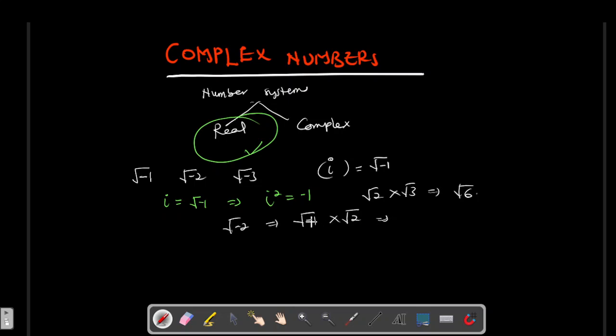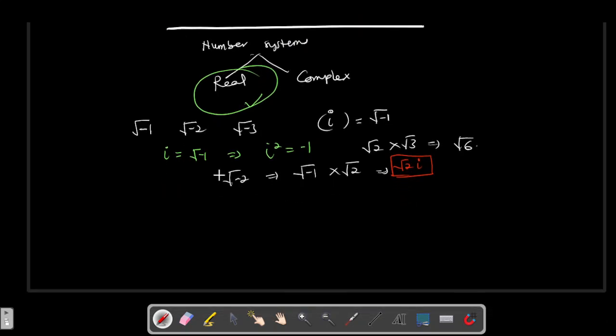Hence, since I know that root of -1 is i, my answer remains simple, square root of 2 i. And this is what we call a complex number. It is a complex number, okay? So this is all that we'll be playing around with throughout the complex numbers course.